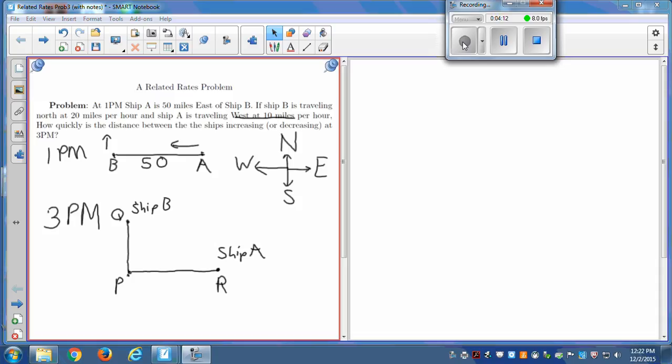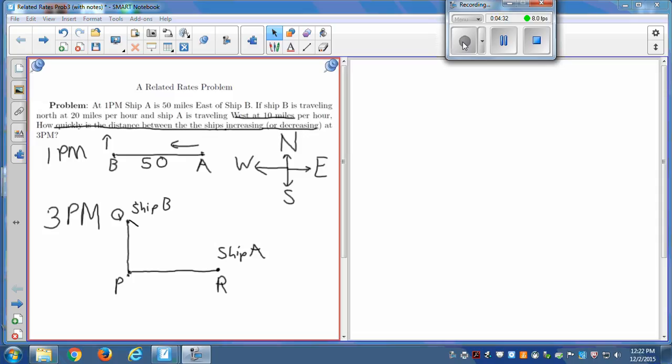And of course, what we want to know is how quickly the distance between the ships is increasing or decreasing at 3 p.m. It might be increasing, it might be decreasing. It's kind of hard to tell from the information given.